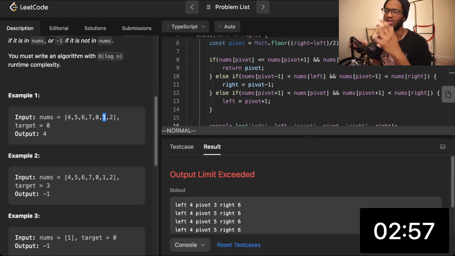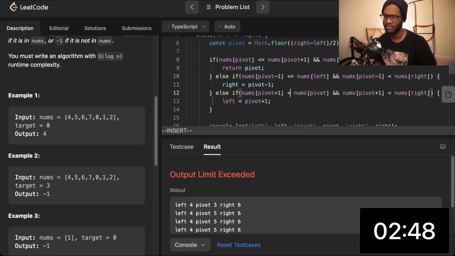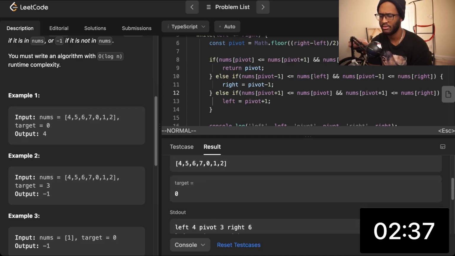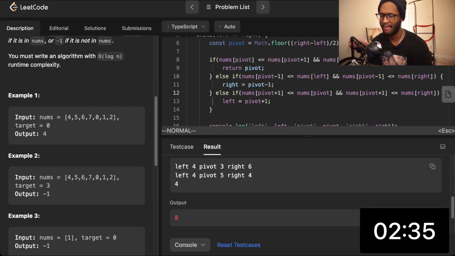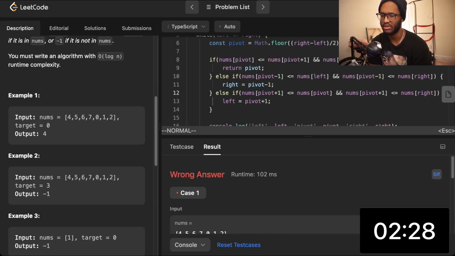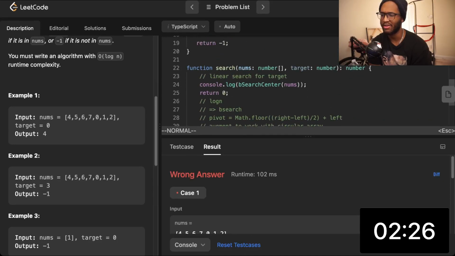So when they equal each other, now we actually get 4, which is the correct one without having to subtract 1.